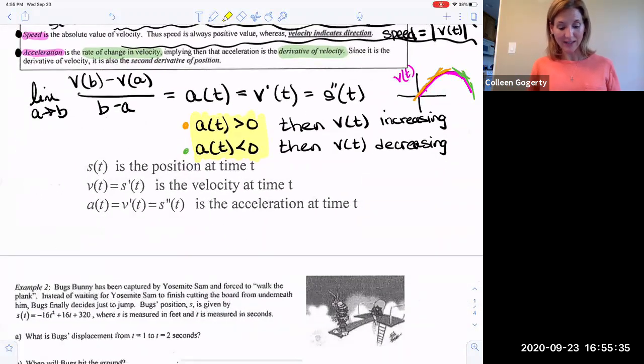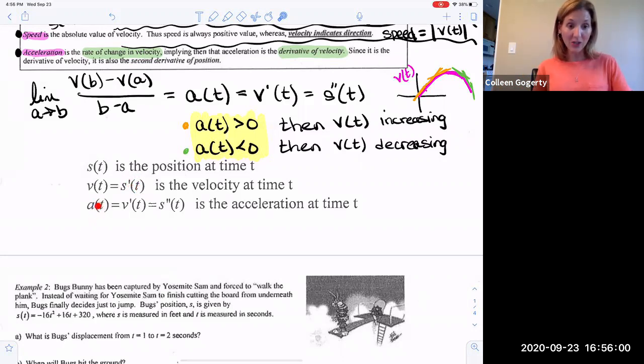In general, s of t is your position function. So the velocity is your rate of change of the position function. I don't know where vector just came from. You should laugh at me on that. So velocity is the derivative of the position because it's the rate of change of the position function.